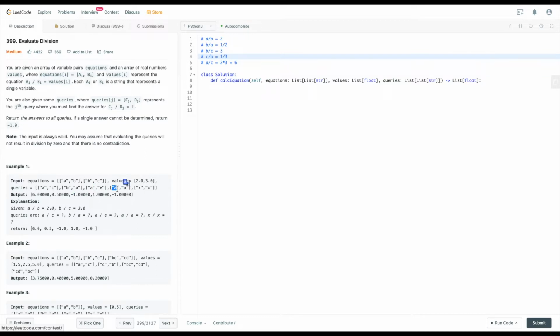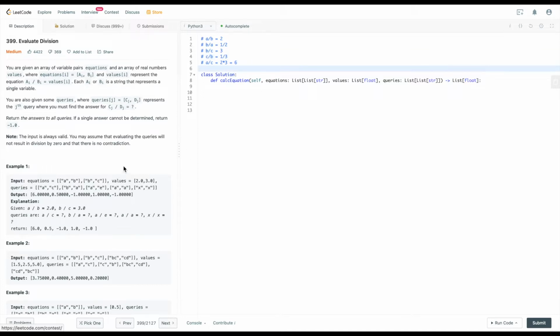And then A divided by A itself will always equal 1, so it's 1. And then X divided by X equals -1. Although it's dividing itself, it should equal 1, but since X is not previously determined in equations, we just return -1. So yeah, this is our answer, and then with this we can start writing.